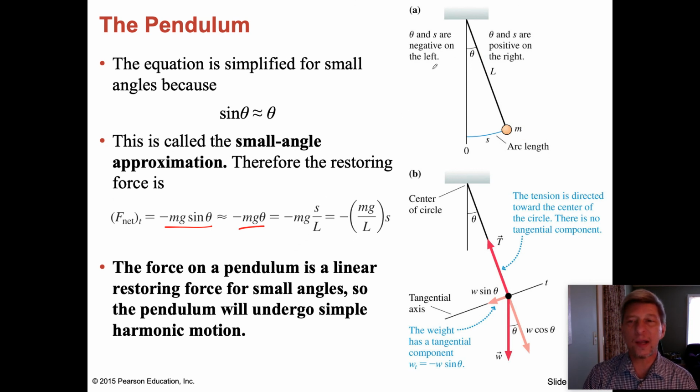But since theta is the opposite S over the adjacent L, we can replace that with the arc length over the length of the rod. And so that gives us this term as the net force on a pendulum. And so the force on a pendulum is a linear restoring force for small angles. And so the pendulum will undergo simple harmonic motion, back and forth, and back and forth.